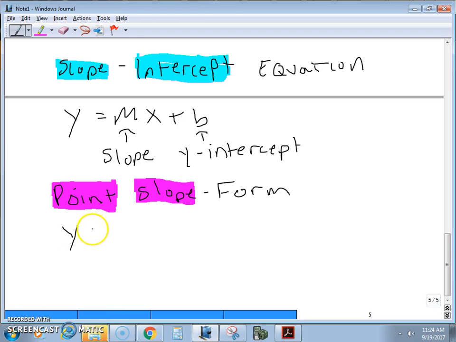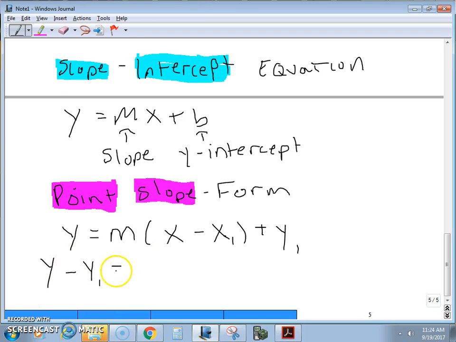So y equals m, and m is still your slope, times x minus x1, plus y1. You could write it this way. You could also write it as, instead, y minus y1 equals m times x minus x1.